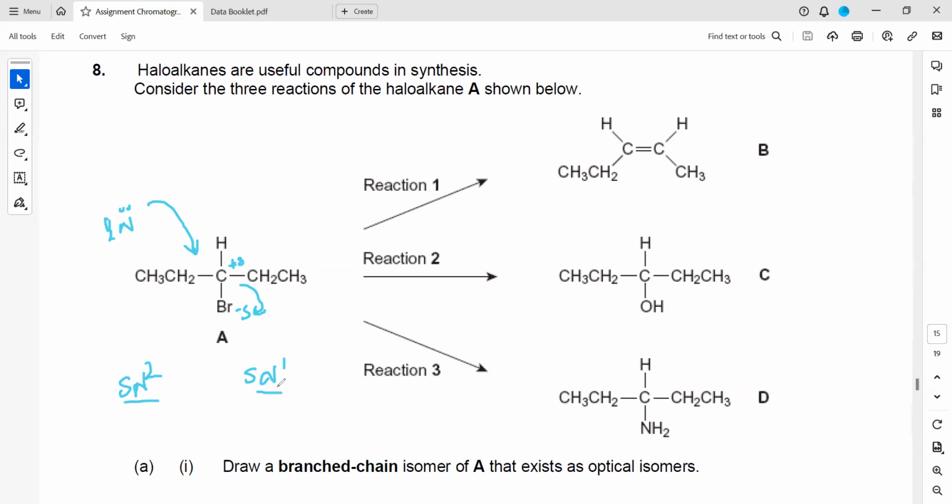And for tertiary, first the bond will break and then the bond will form, it will be SN1. But for secondary, you can draw both ways: SN2 or SN1, where first you break the bond and then the new bond will form. This is related to AS.